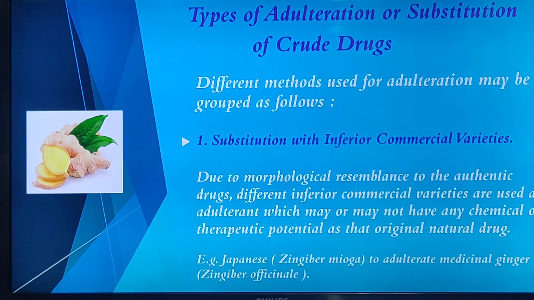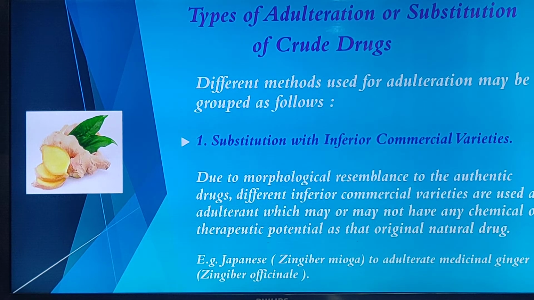Types of adulteration or substitution of crude drugs. Different methods used for adulteration may be grouped as follows. First one is substitution with inferior commercial varieties.